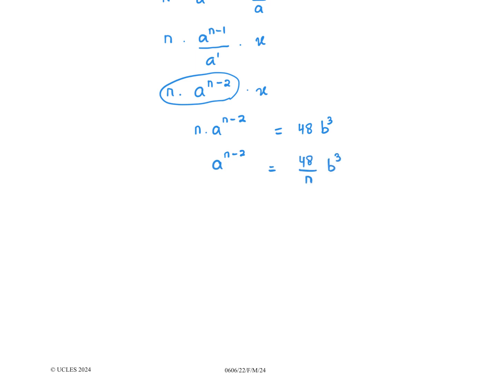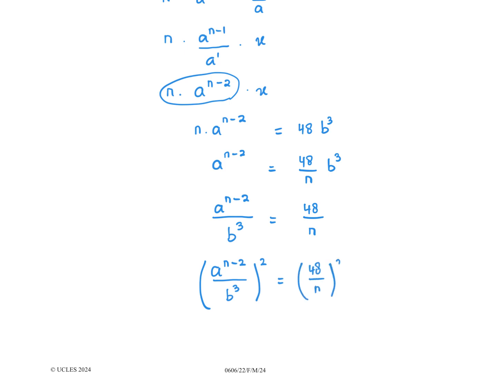Divide both sides again by b to the powers of 3. a to the powers of n minus 2 divided by b to the powers of 3 is equal to 48 over n. Next, square both sides. a to the powers of n minus 2 over b to the powers of 3, squared, is equal to 48 over n to the powers of 2.